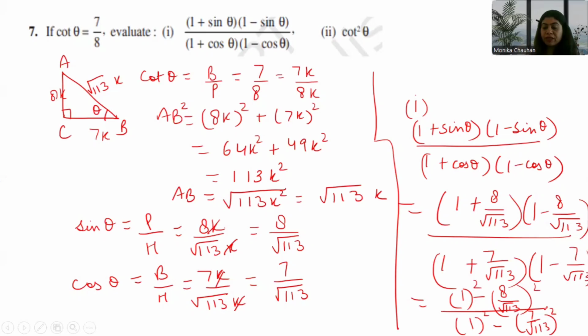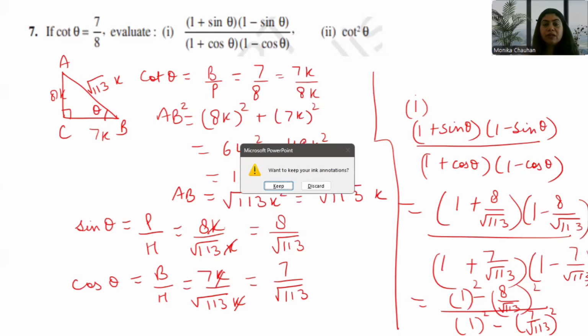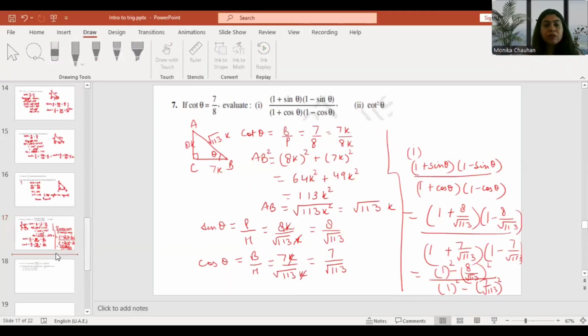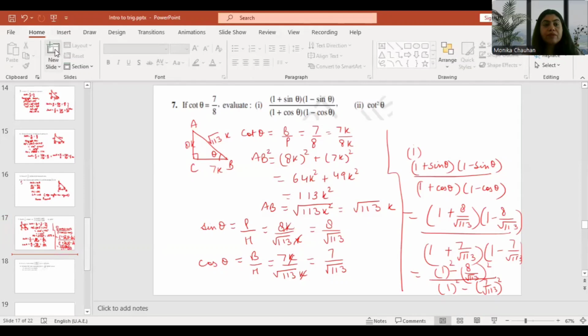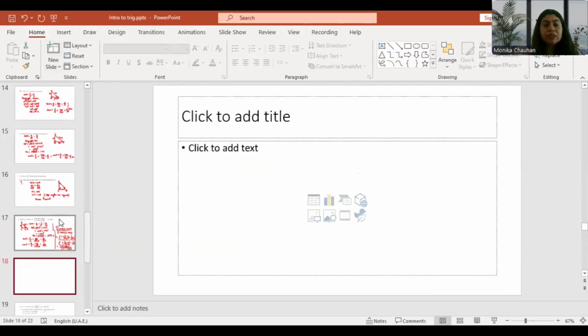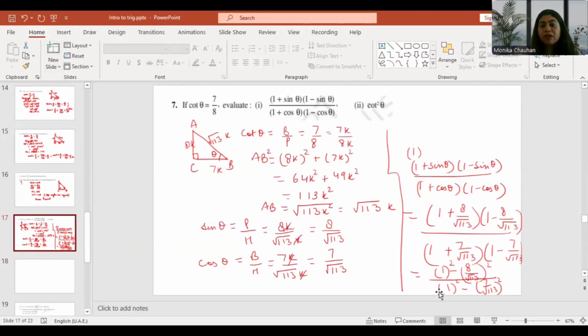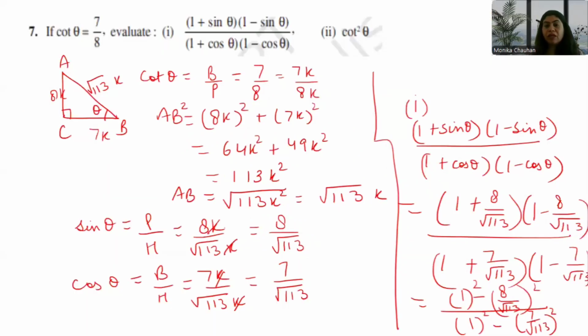Now, when I'm doing this, I still don't have much space. One second. Let me add one more slide here. That will help you. Okay.